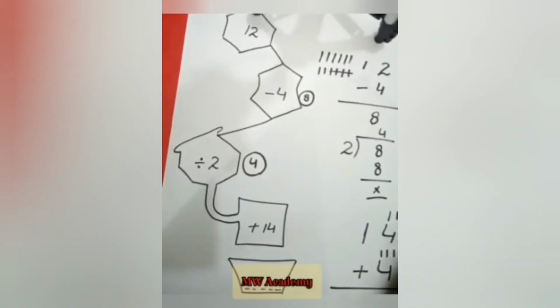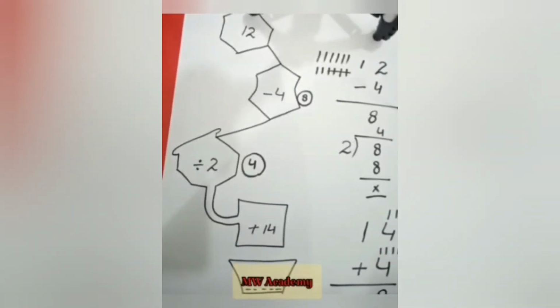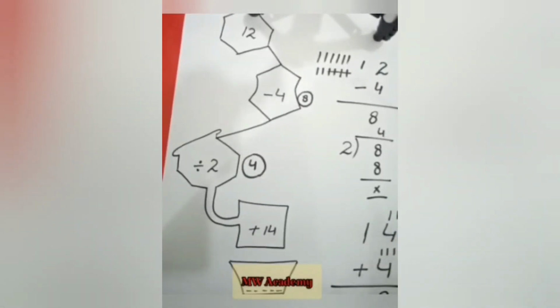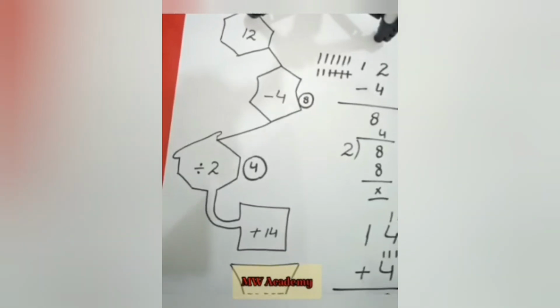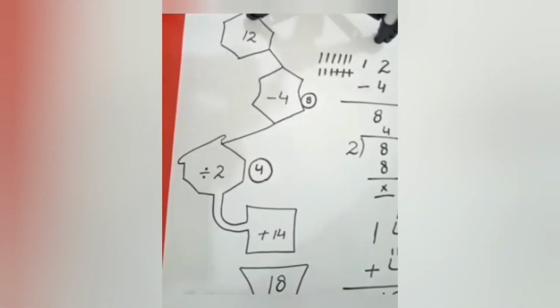Count it together. 1 2 3 4 5 6 7, 8. What is the answer of this? 8, and there is no number, so we will write 1 here as it is. So what answer have we got? The answer of this is 18.